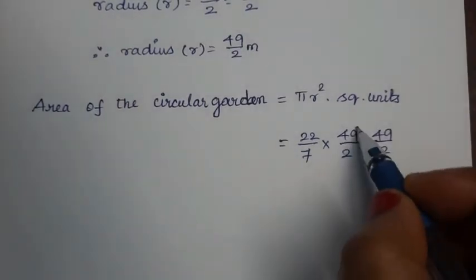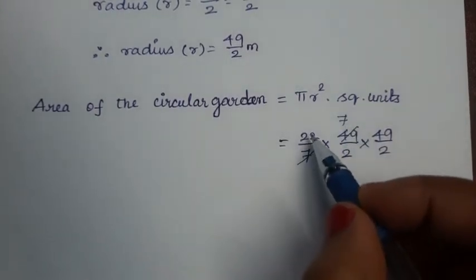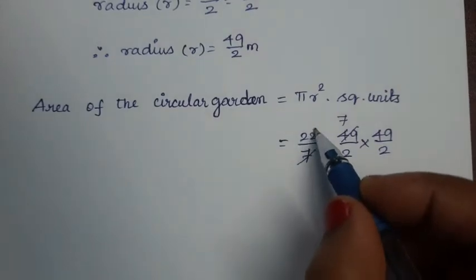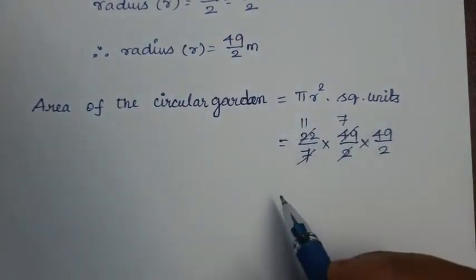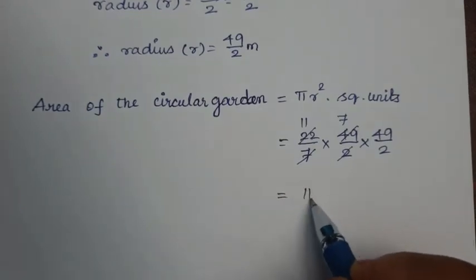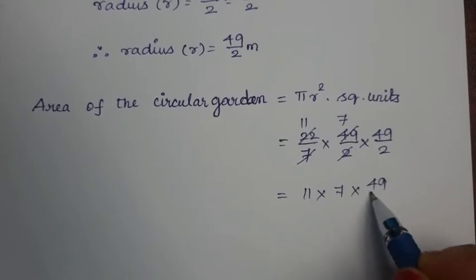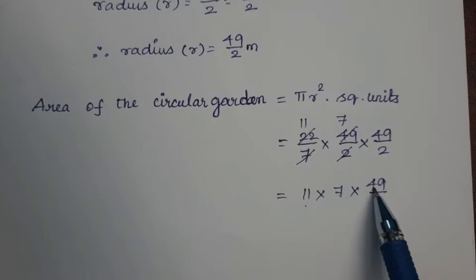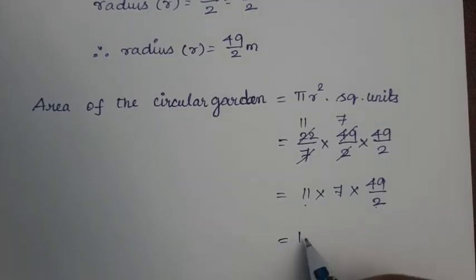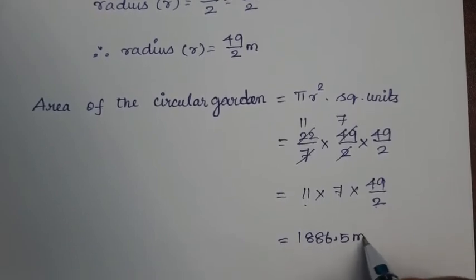By simplifying 49 by 7, we get 7. By simplifying 22 by 2, we get 11. So we get 11 into 7 into 49 by 2. By multiplying all these values and dividing by 2, we get 1886.5 meters squared.